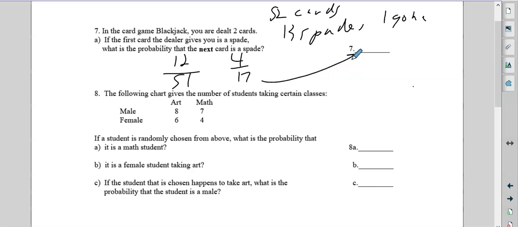Following chart gives the number of students taking certain classes. All right. So I'm going to total these up over here. So there are 15 males. There are 10 females. There are 14 students taking art. There are 11 students taking math for a grand total of 35 students.